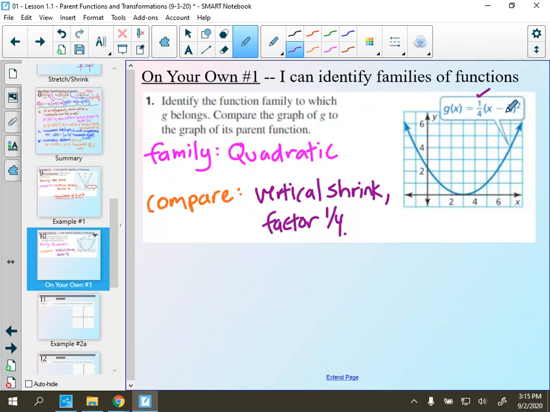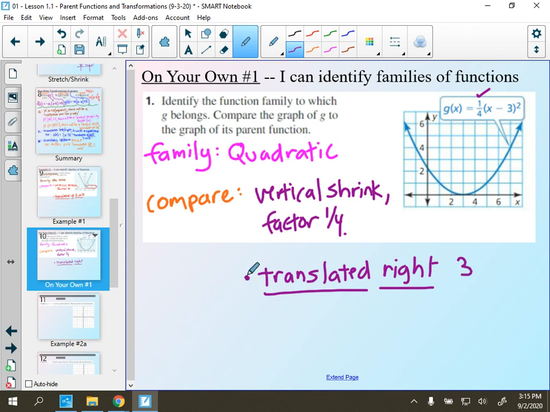This x minus 3 takes us, our second transformation is a translated, let's use that term, don't say slide or slid or shifted, let's say it's translated right. So we get the vocab word, we get the direction, and then we get how far? 3 units. Okay, we can do those.